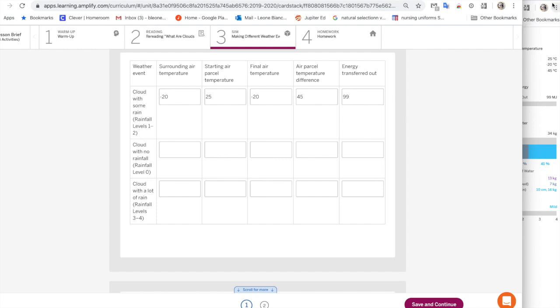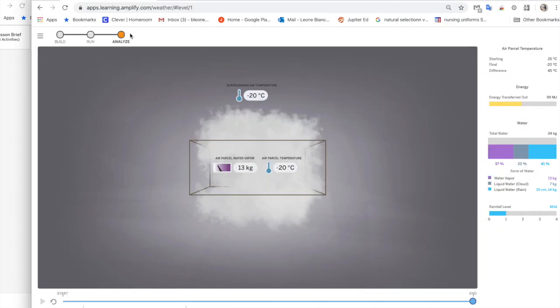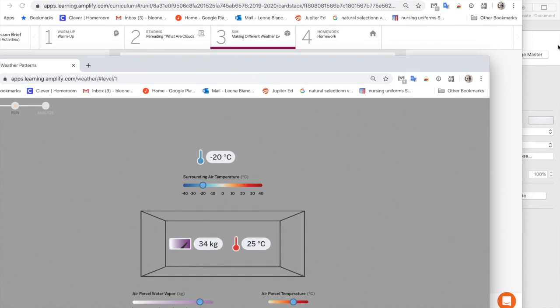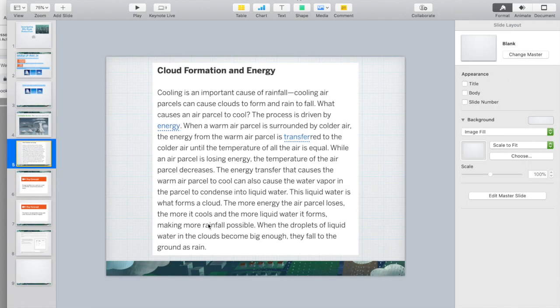Now, if you want to try on your own to get level 0 and levels 3 or 4, you're welcome to do so. If you don't have the option to do that, you can follow along. Now, I'm going to go to the build. I know that, according to our article here, the more energy that the air parcel loses, the more it cools and the more liquid.